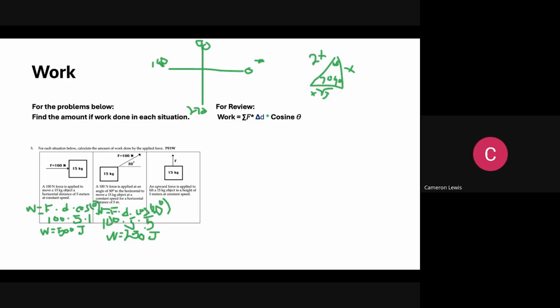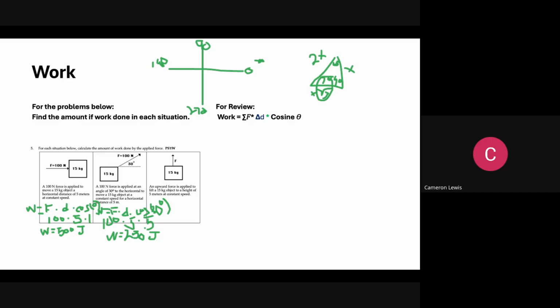Oops. Oh, wait, no, I know what I'm looking at. Wait, hold on. Cosine of 30, yes, I looked at it the wrong way. I did the triangle right. Cosine of 30 would be this one over here. So whatever x is, this was 100, so this would be 50, and then this would be 50 times root 3. So 0.866. Yes.